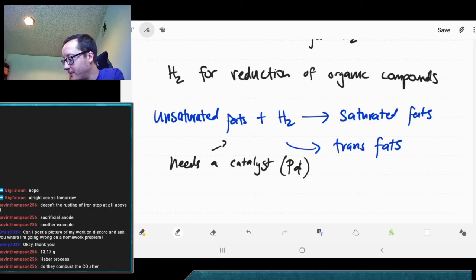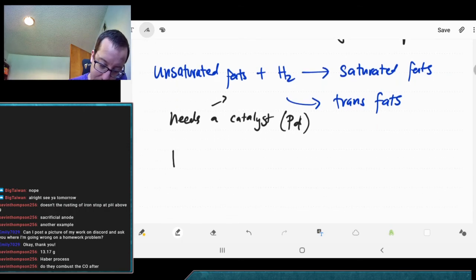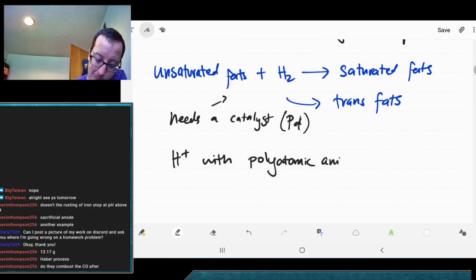Of course, we know that we can form H plus with various polyatomic anions or halides, and they'll form acids.